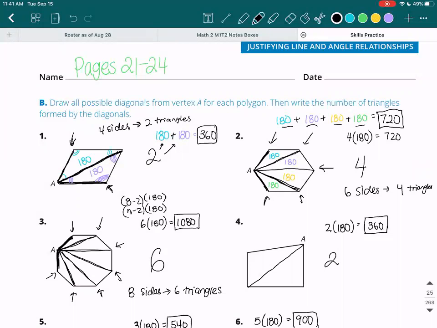So the number of triangles you have is the number of sides minus 2, so 8 minus 2, which gives us 6. And then you take that 6 and multiply it by 180 because the total interior angles of a triangle is 180. We got 6 triangles. So 6 triangles, 6 times 180, and that's how we get our answer, and that's how the formula came to be. Do you guys have any questions on that one?